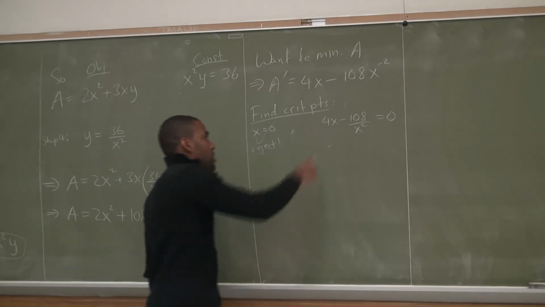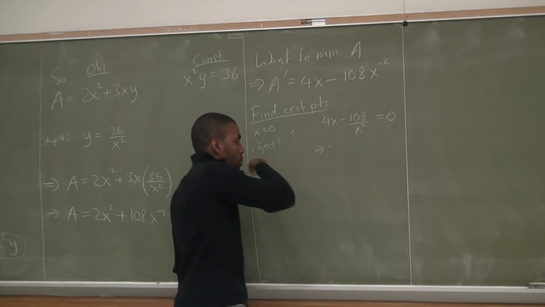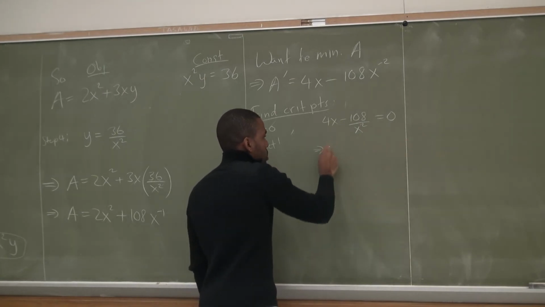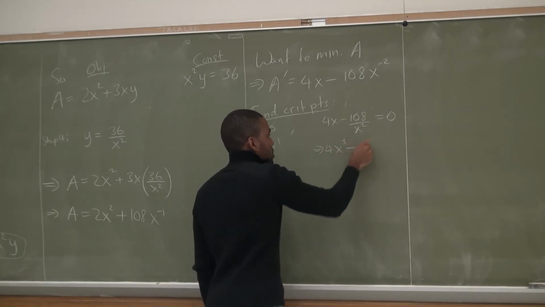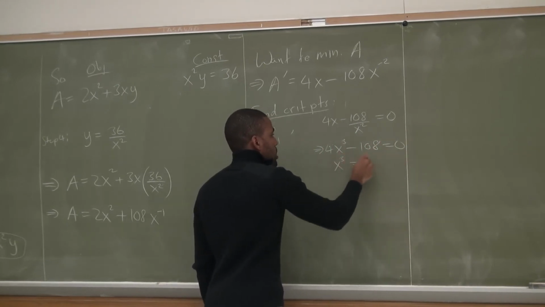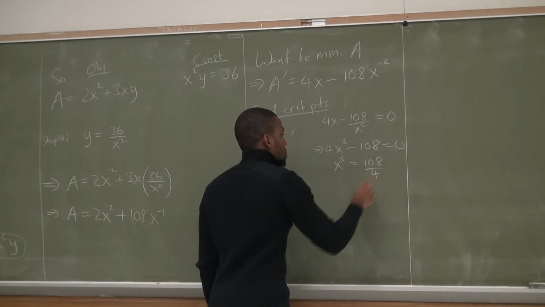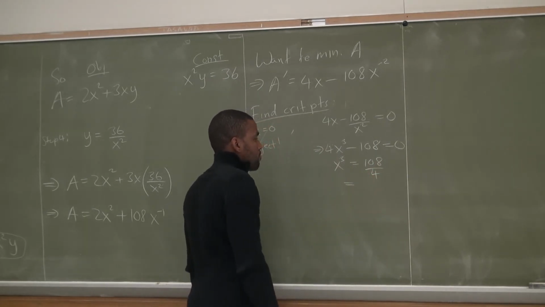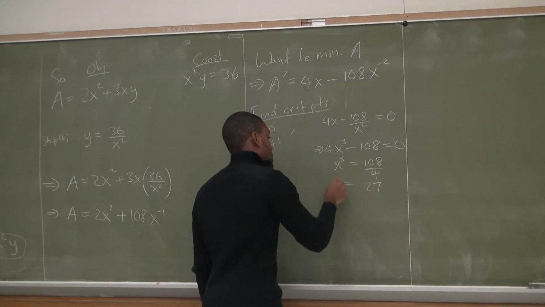Solve for x. How do I solve for x? Well, I could multiply through by x squared. 4x cubed minus 108, so then x cubed would be 108 over 4. Does that go into that nicely? That's actually 27? Oh, that's nice.